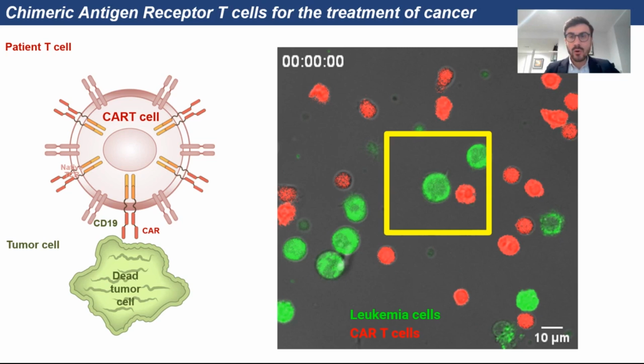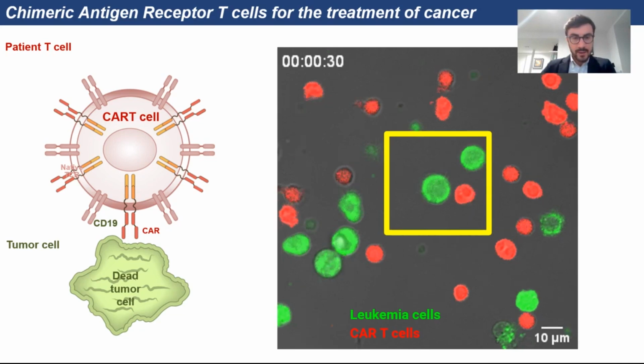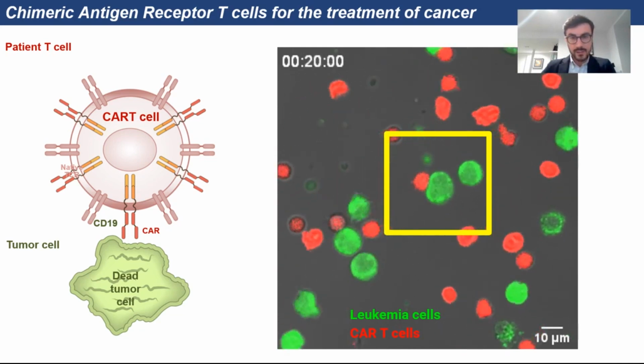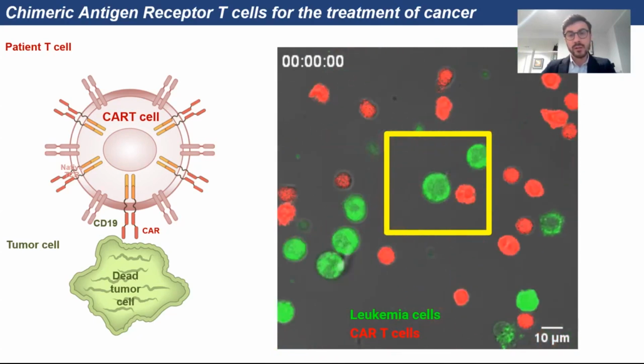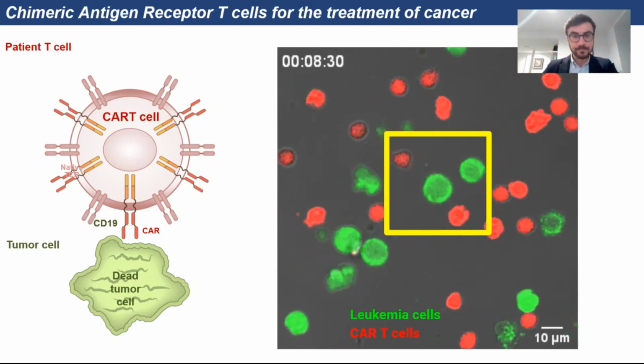Just to show you how it looks, not in a cartoon, but in actual real life, at least in the lab, you will see here in red the CAR T cell against CD19, and in green the tumor cells that are CD19 positive. And as you can see here, the CAR T cell can rapidly bind to the tumor, and that will cause the death of the leukemic cell. Those bubbles are the apoptotic cells.